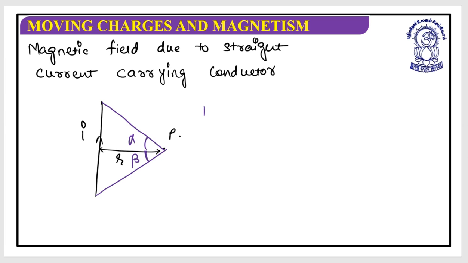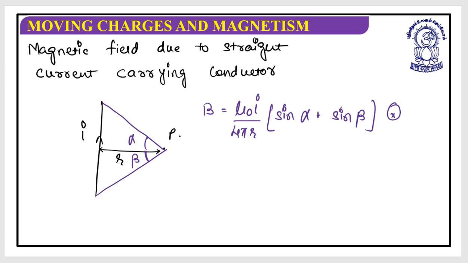Then the magnetic field B equals mu naught I divided by 4 pi r into the bracket sine of alpha plus sine of beta, and the direction will be inside the plane. We used to rotate it, imagining a circular curve, and find out the direction of the magnetic field. I hope you remember this.